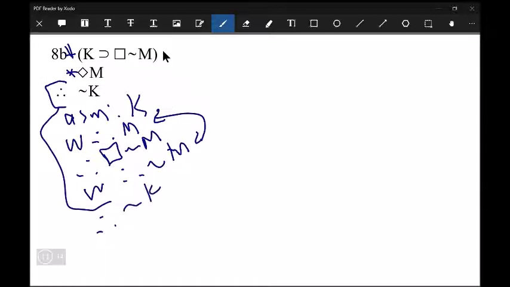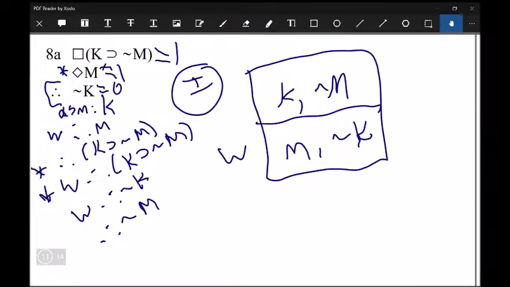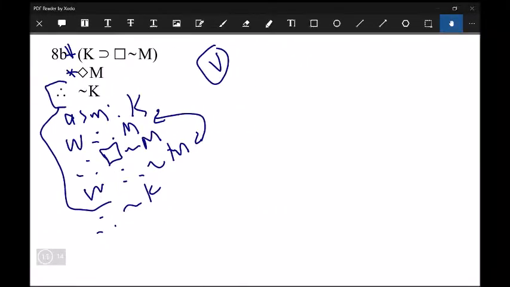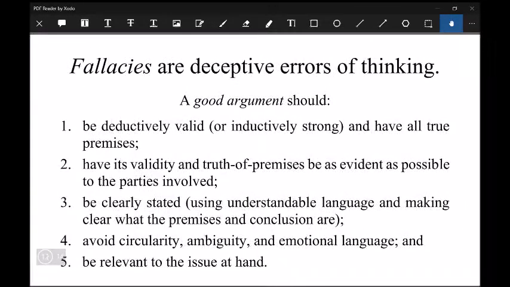Therefore, valid. So again, you have two possibilities depending on how you interpret this ambiguous sentence: if you know, then you couldn't be mistaken. One way, box outside, invalid. The other way, box inside, false premise. So in neither way does it prove the conclusion.